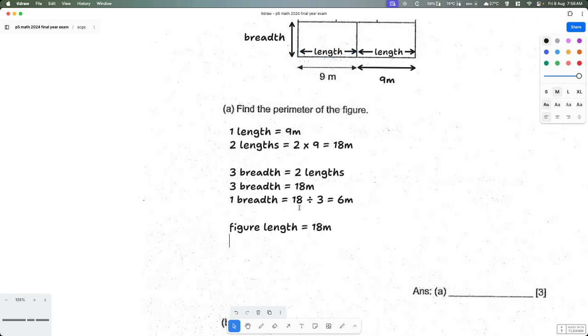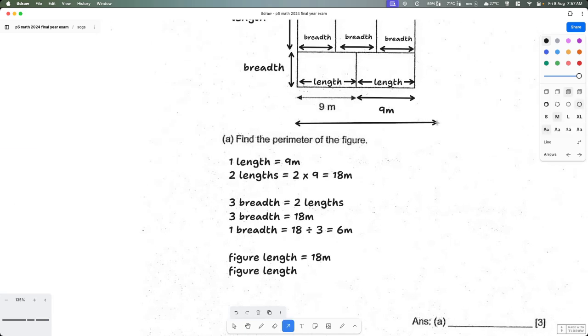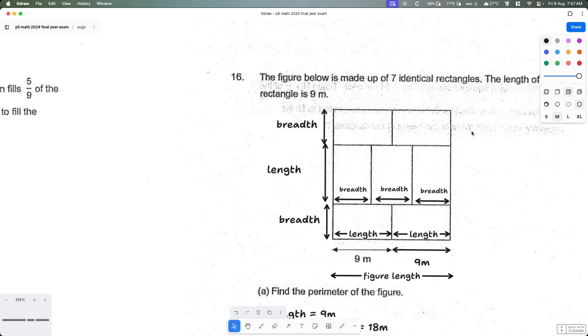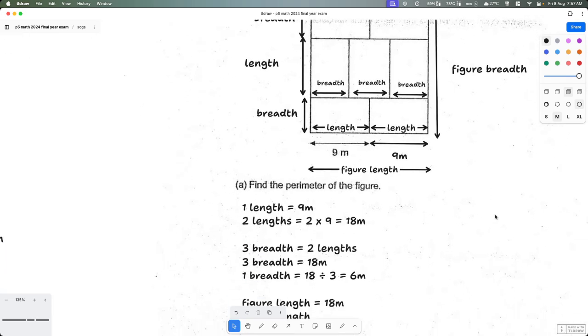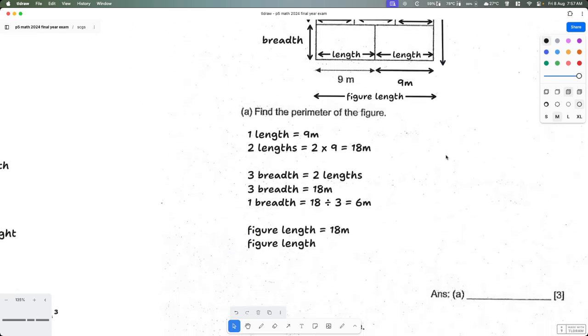Figure breadth, in this case, I'm gonna add in like this. So this whole thing is the figure length, and then we have this whole thing as the figure breadth.